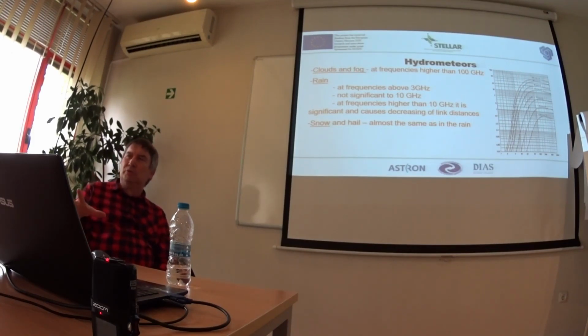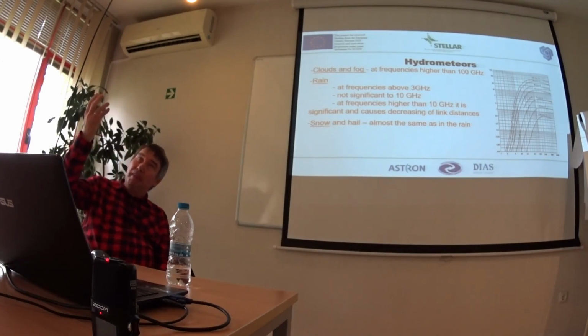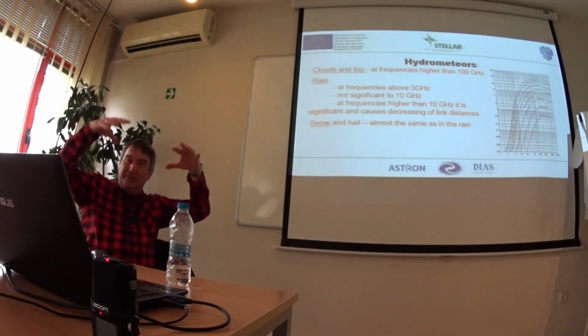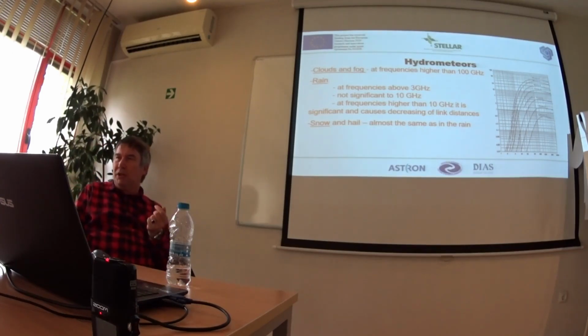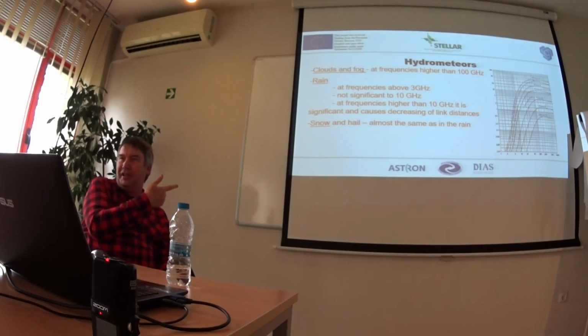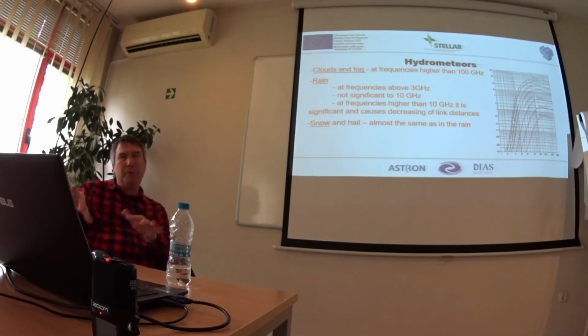This is equal to liters per square meter per hour. So, if you have rain and snow, very heavy snow, it seems like very heavy snow, but the quantity of water is not so big as in the rain. It is like medium heavy rain.